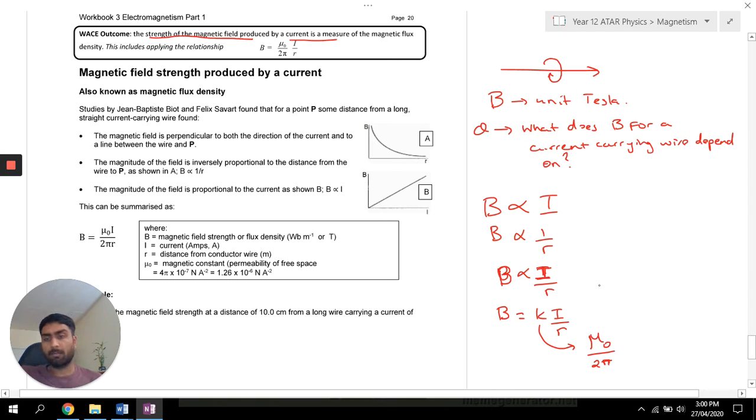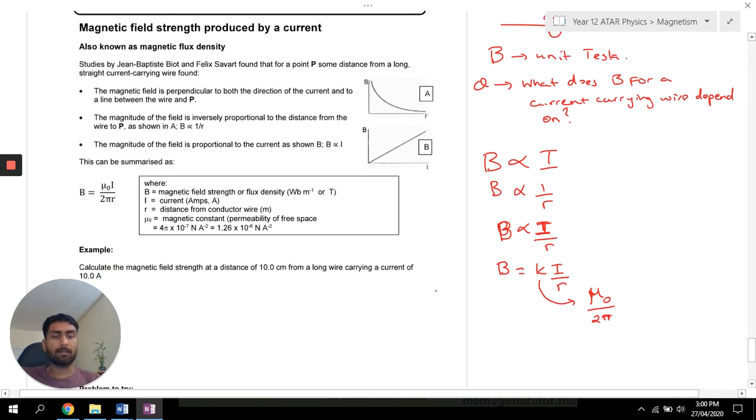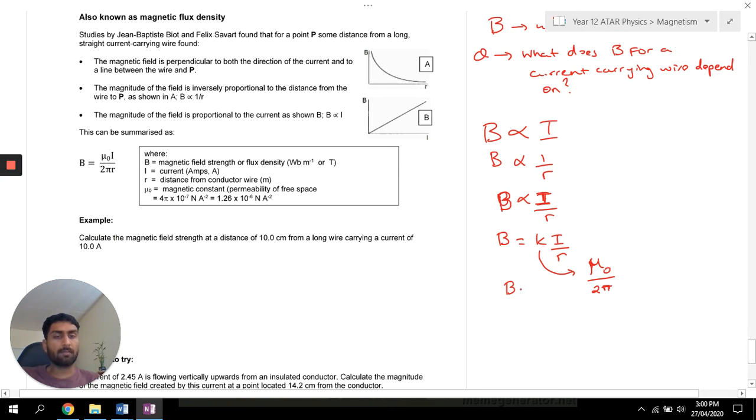This is the permeability of free space, and it is in your data and formula booklets. So we end up getting that the magnetic field is this permeability times the current divided by 2 pi r, or the circumference.